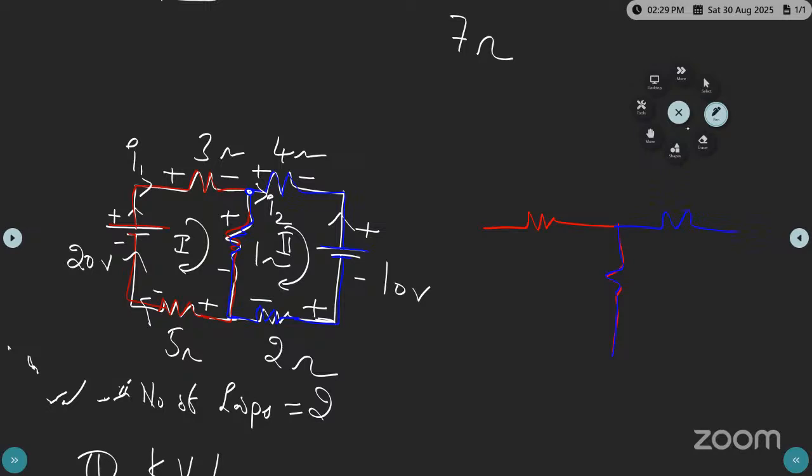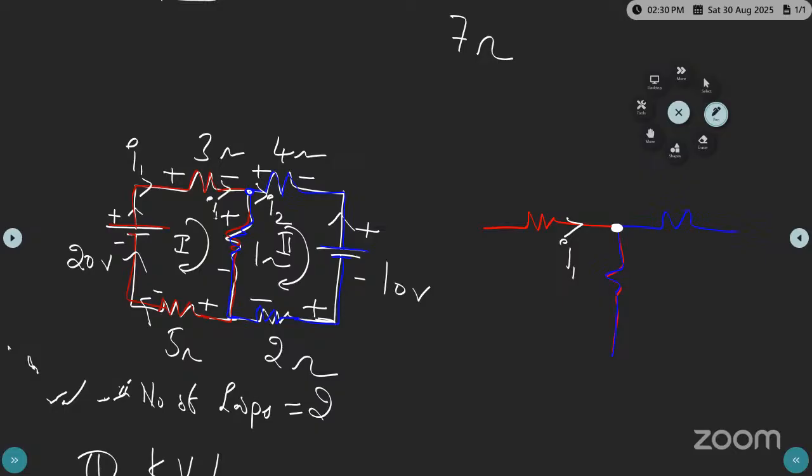So let us consider this one as a node. What is the definition of node? Node is a point where two or more elements are connected. So let us consider this as a node. Now, how much current is coming here? I1, in the 3 ohm.